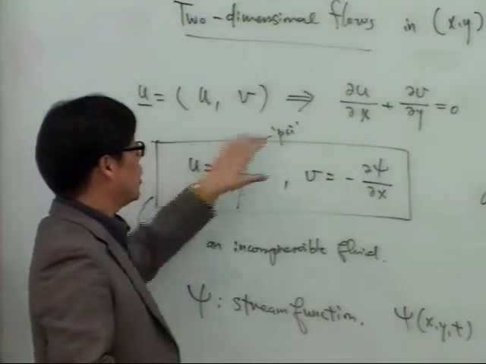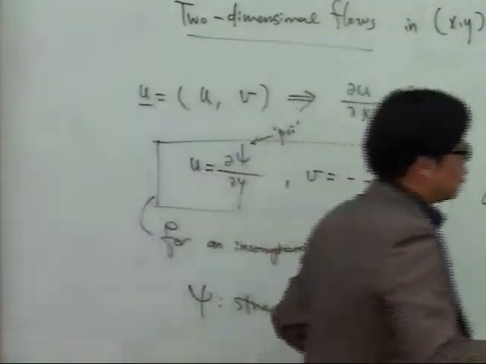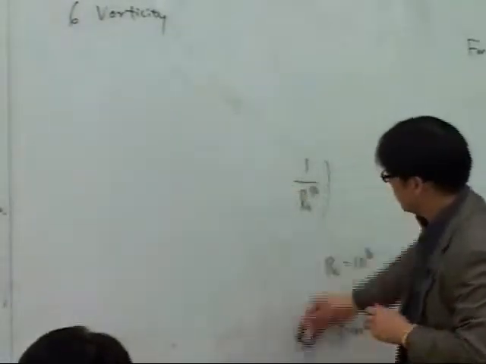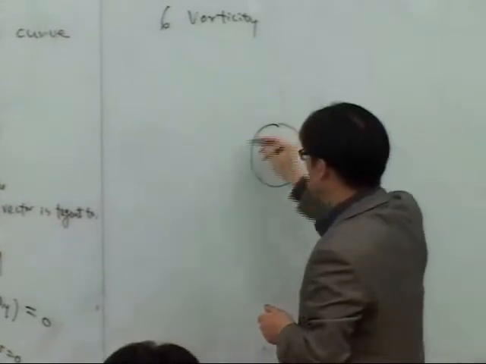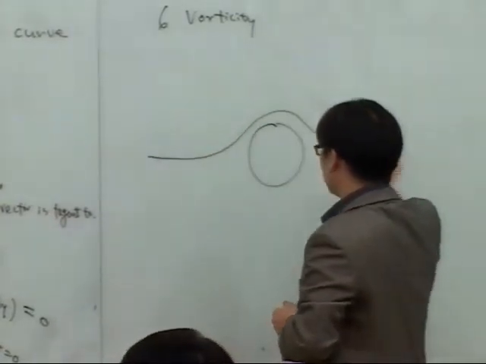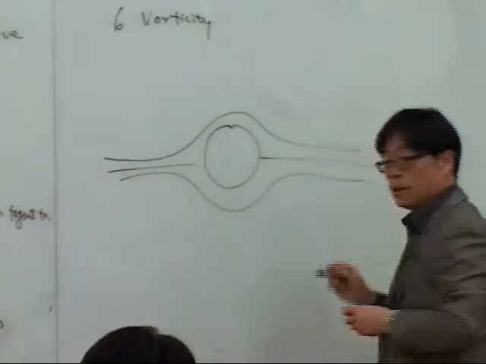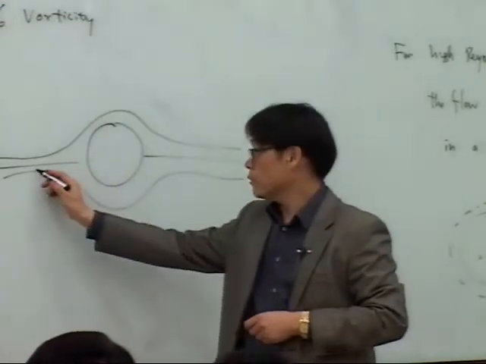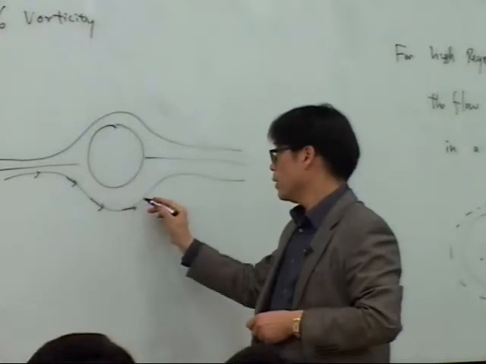And by doing so, we don't have to worry about the conservation of mass. Probably you saw many pictures or drawings like this, right? If you have a circular cylinder, you probably see something like this. And this is really a streamline, and the velocity vector is always tangent to the streamline.